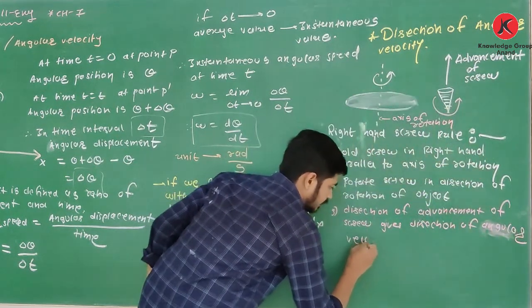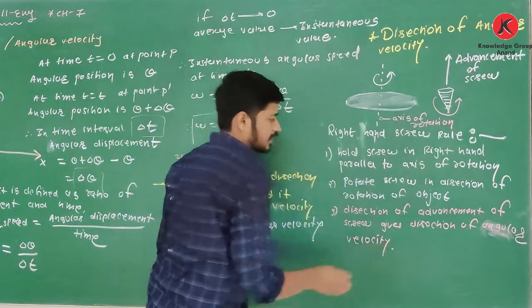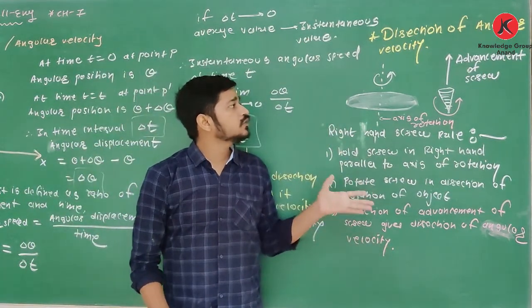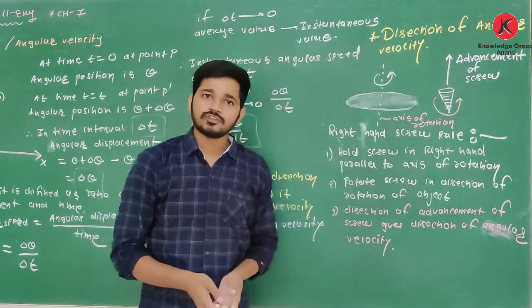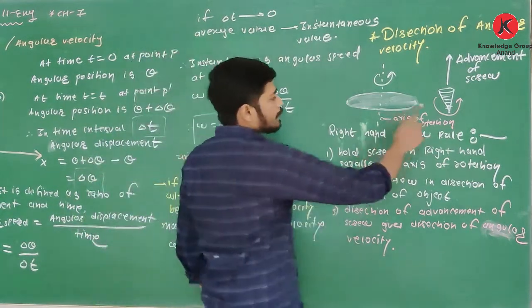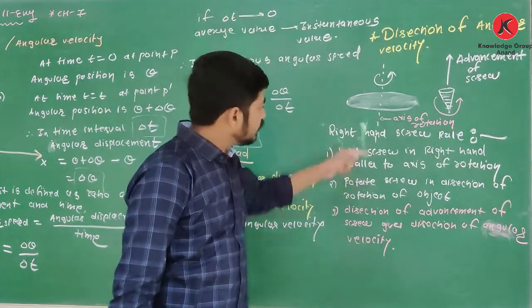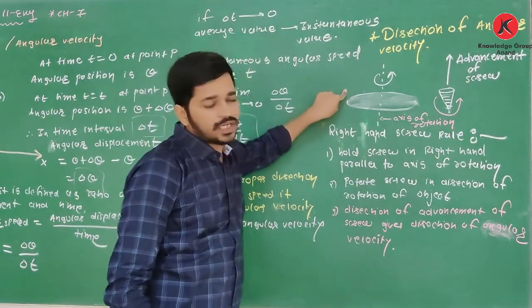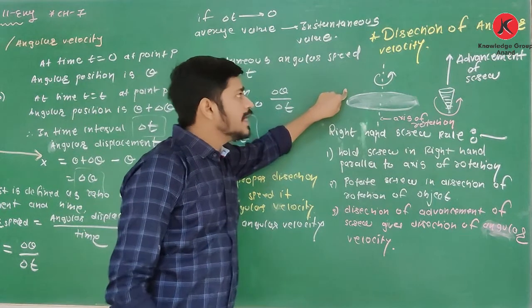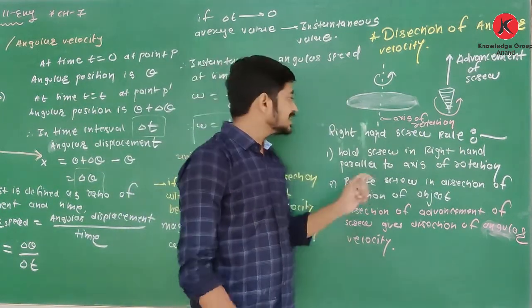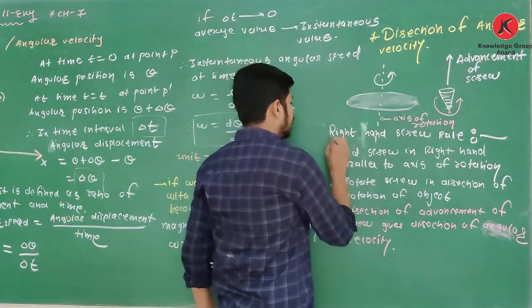Clear about this? So yes, it is how to find direction of angular velocity. Simple. Okay, hold screw parallel to axis of rotation, then rotate screw in manner in which object is rotating. Then advancement of screw gives direction of angular velocity. Yes, it is right hand screw rule method.